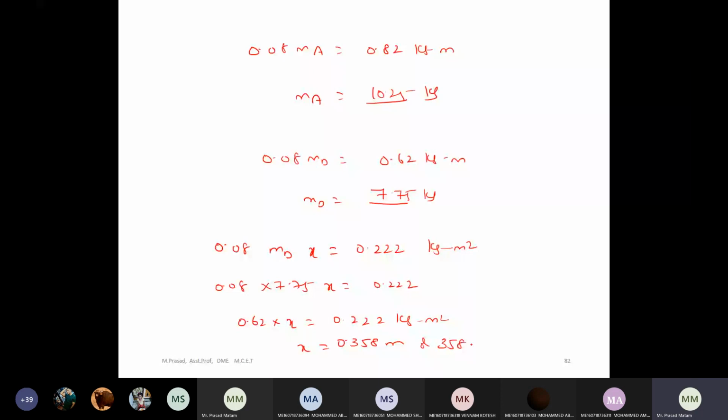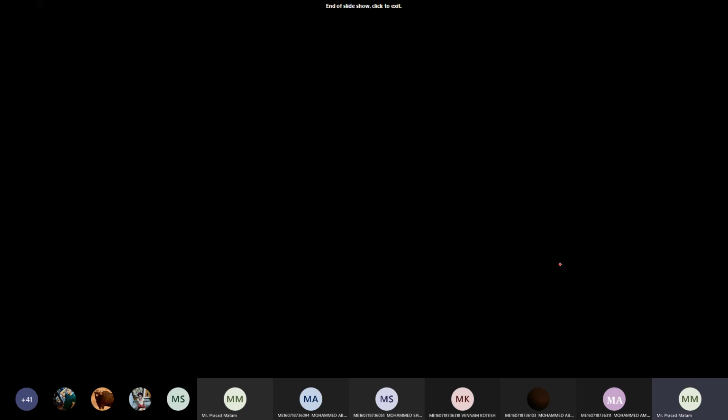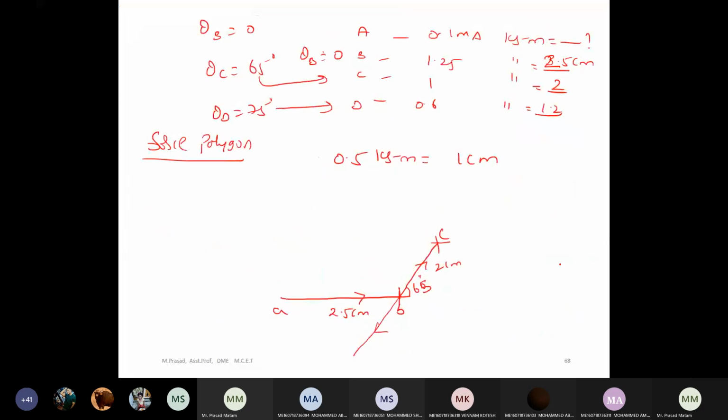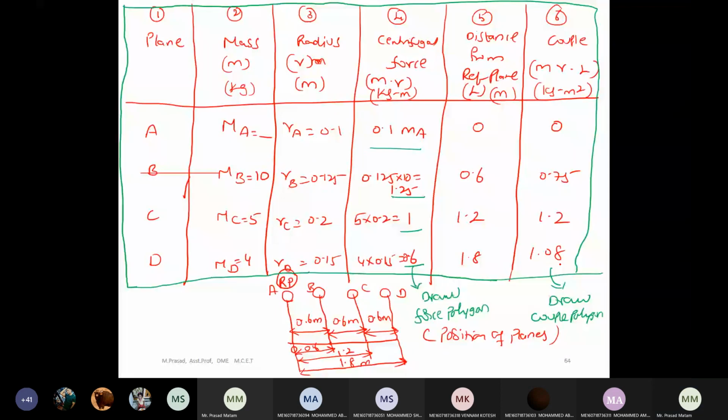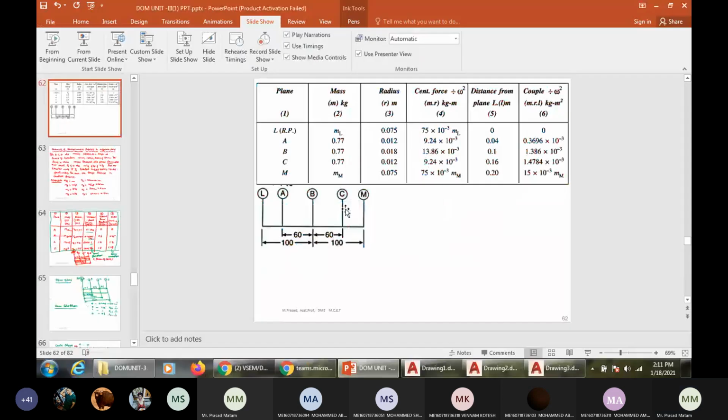Now I can write mass of A is a known value, 10.25 kg. Mass of D is 7.75 kg, and I got the X value as 358 mm, and theta D equals 77 degrees. You got all the values. I will show the solution right now. Okay, I got all the values. One minute, I will show you that.